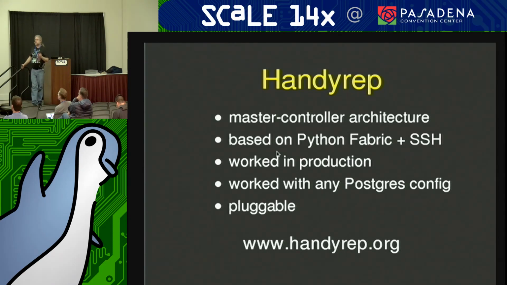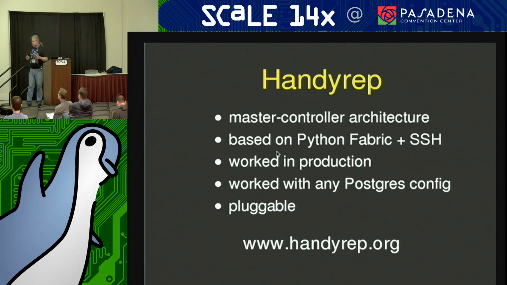It's in production in at least one place that I know of. It's been forked a couple of times, so I don't know if it's in production elsewhere. Because we were a consulting shop, the idea was to build something that would work with any of our clients' Postgres configurations as they were, which often involved dealing with a lot of really screwy stuff in terms of LDAP authentication and special subdomains and all kinds of other things. It was also designed to be pluggable in order to support all of these infrastructure changes.